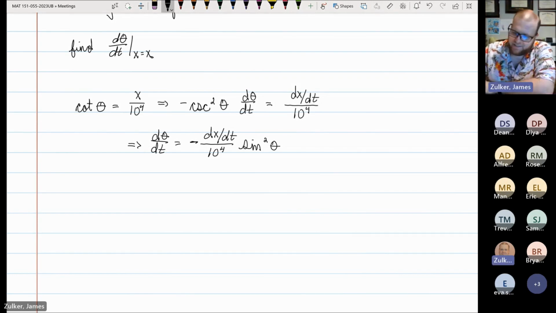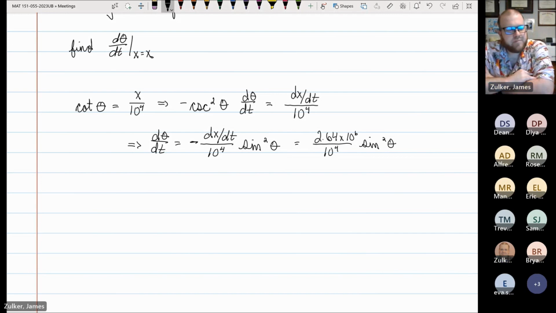We know what the dx/dt is. We get 264 times sine squared of theta.